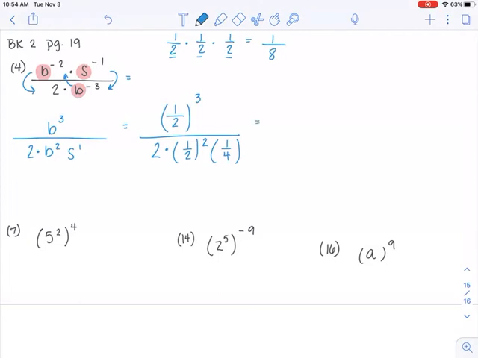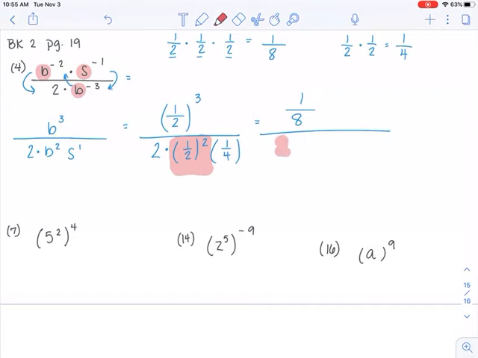So our numerator now becomes 1/8. And our denominator, 1/2 squared, is equal to 1/2 times 1/2, which is equal to 1 over, and 2 times 2 is 4. So this part here is equal to 1/4.